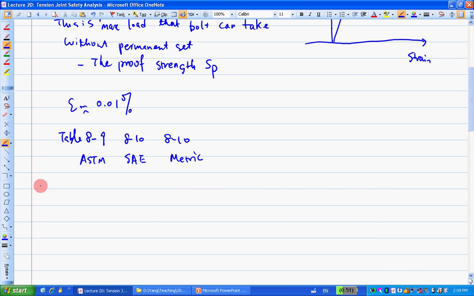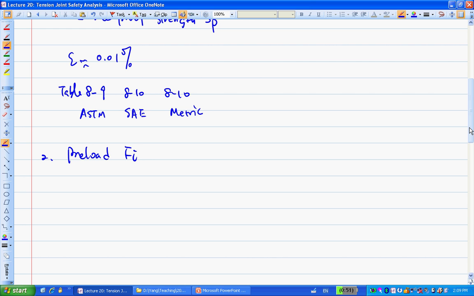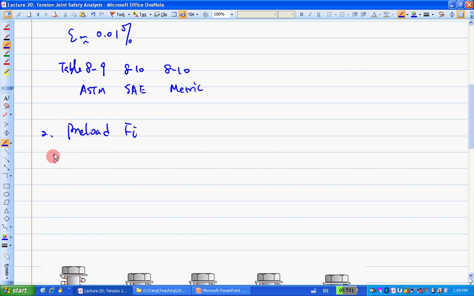Now, when we use the bolt, let's say we're trying to use the bolt on the tension joint. The second concept is called preload. Preload is a very important concept in terms of bolted joints, particularly the tension joint. So what's the definition of preload?